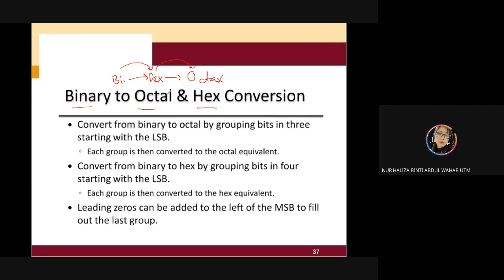So this is the long way and it's quite safe. But instead, you can also go direct, which is using the highway. You can convert binary to octal directly and binary to hexadecimal directly. So this is all using the highway and there is a method.